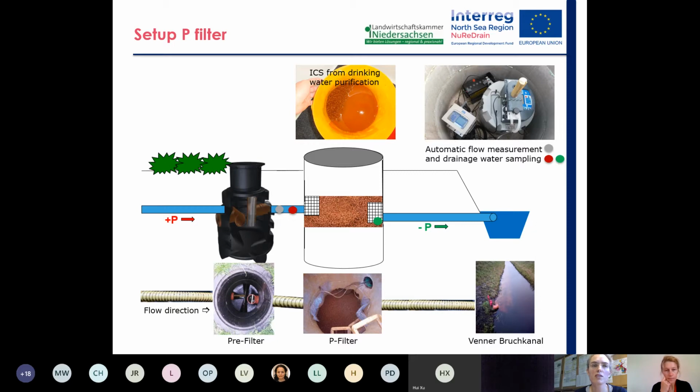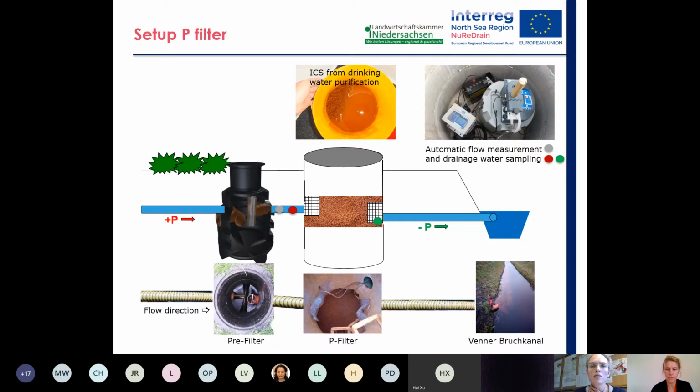This is our P-filter. It is filled with iron-coated sand from the drinking water production. We sieve the material to an average grain size larger than 3.15 millimeter in grain diameter. After passing the P filter, the water is discharged into the receiving surface water.